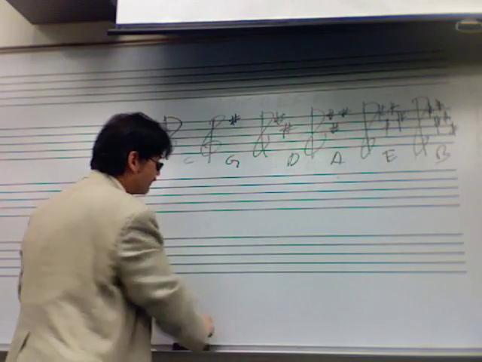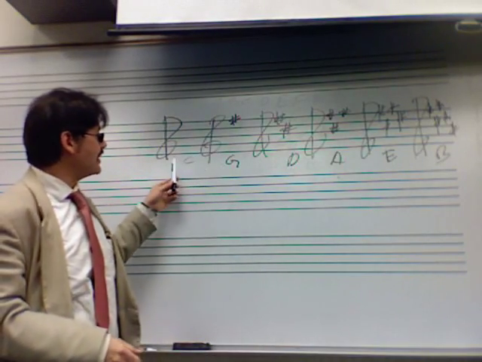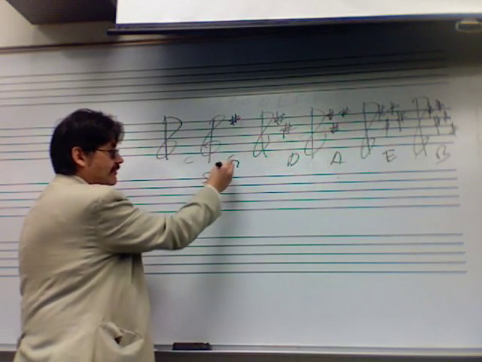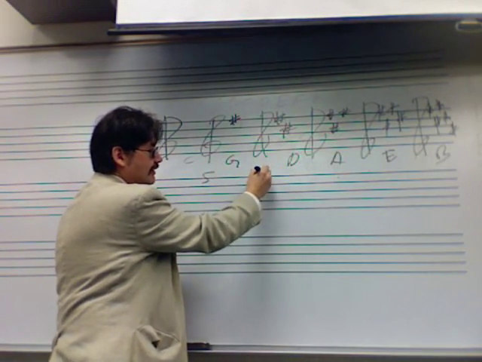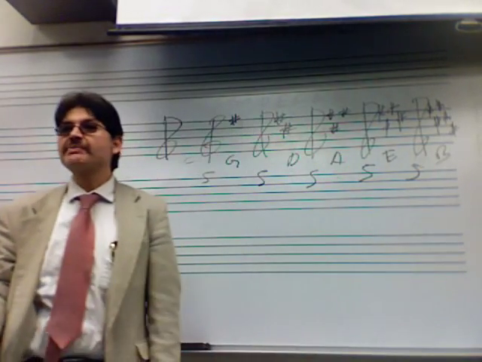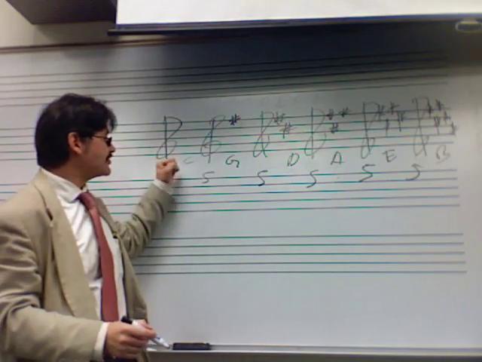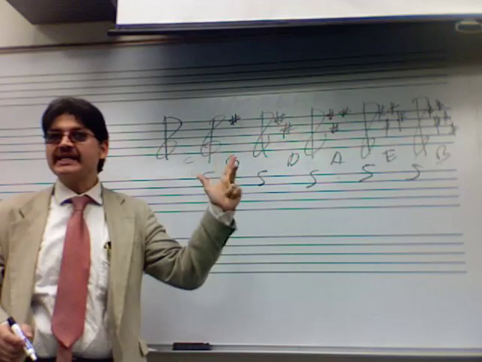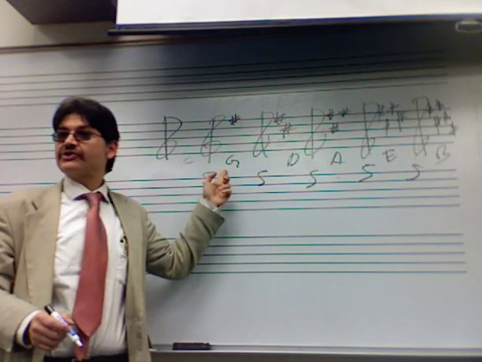If you look at this here, the distance between C and G is what? It's 5. Distance between G and D? 5, 5, 5, 5. So we have that relationship of a 5. So if you can memorize that C has no sharps or flats, and you can count up 5 notes, C, D, E, F, G, that gets you your first sharp key.